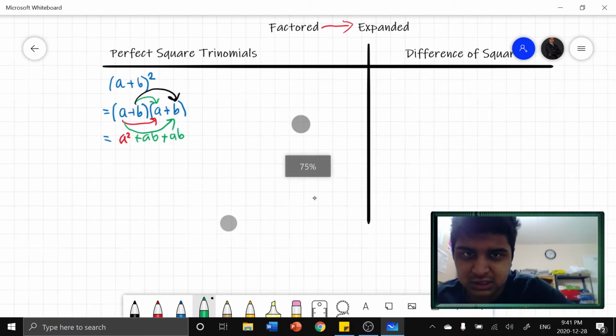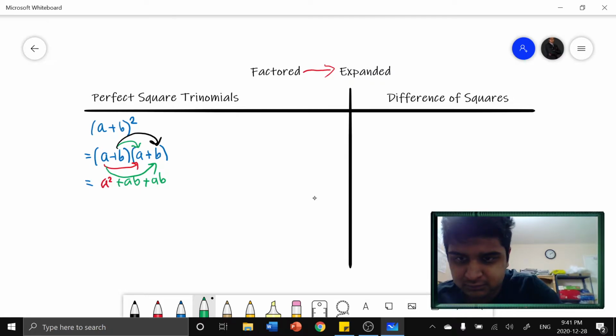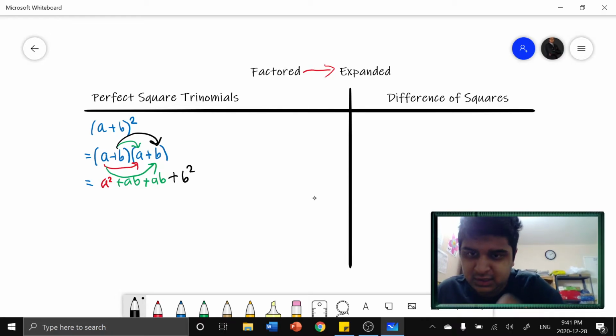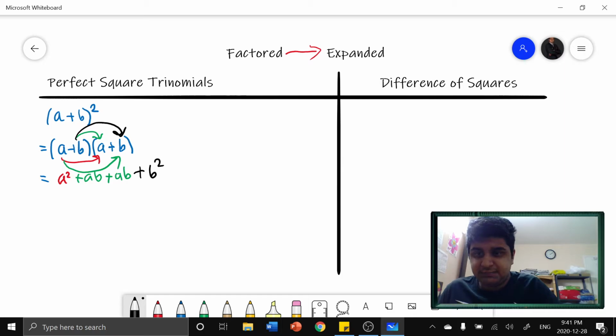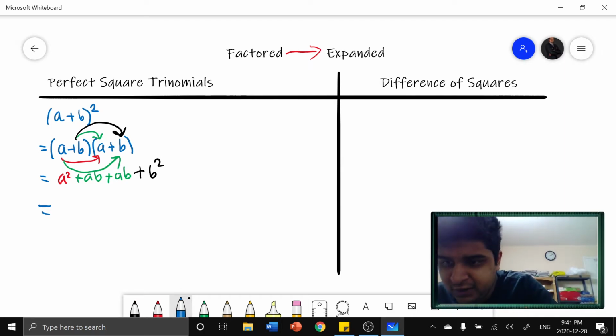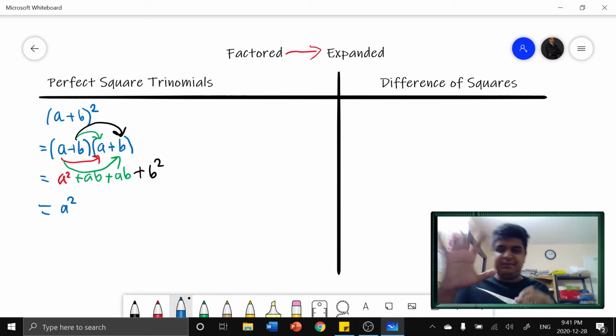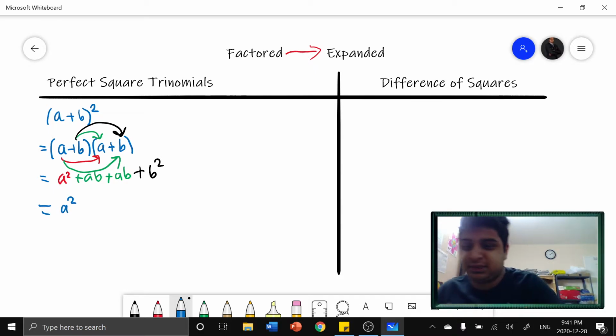We'll make that in black so you can see it a bit better. Putting this all together, we get a squared. Now, ab plus ab is actually plus 2ab.